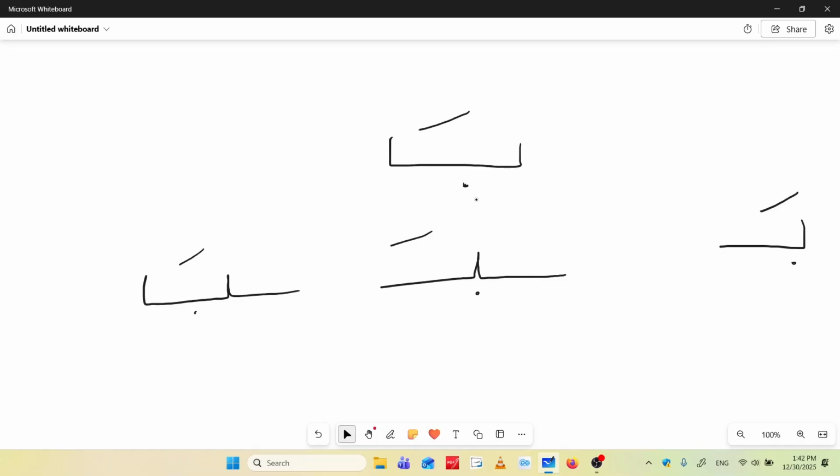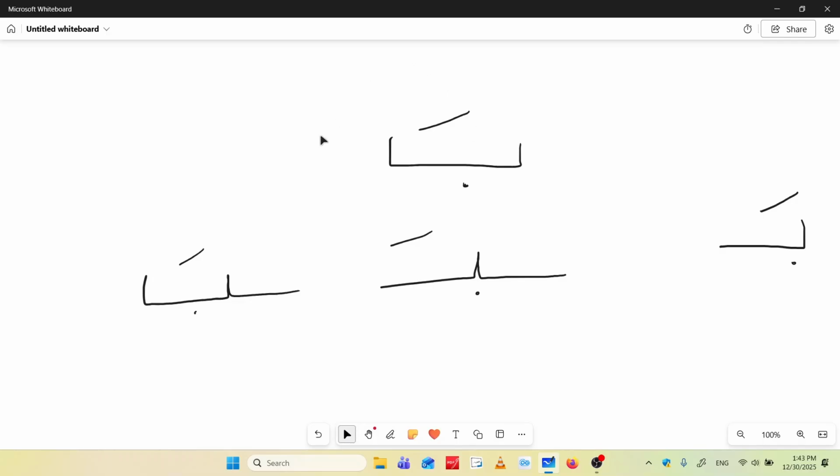So this might be one way to remember which one is which, because in today's letters, the number of dots is very important. It is almost the only difference in all of these letters. Okay, so one more time, we have ba in the beginning, ba in the middle, and ba in the end.